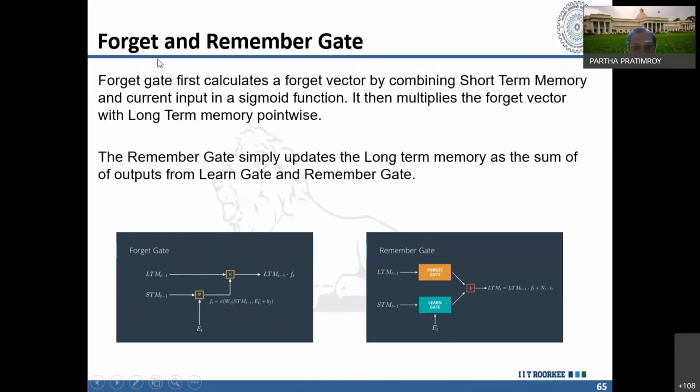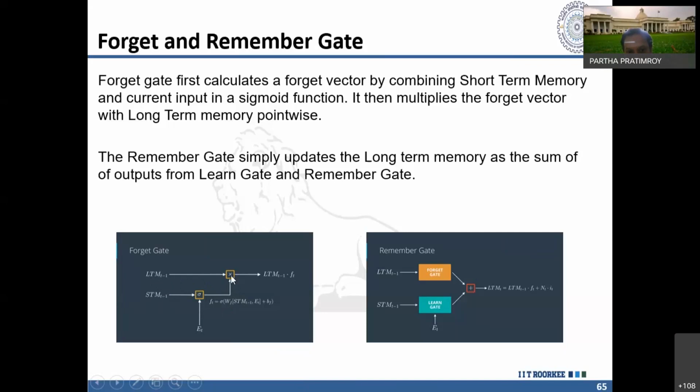So similarly, you will have the forget gate and the remember gate. For forget, also, from the previous state you will have LTM and STM. Okay, so from this present information sigma, you process and then apply the sigmoid function, and then you connect with this long-term memory. Okay, so there are basically two memories, short-term memory and long-term memory.